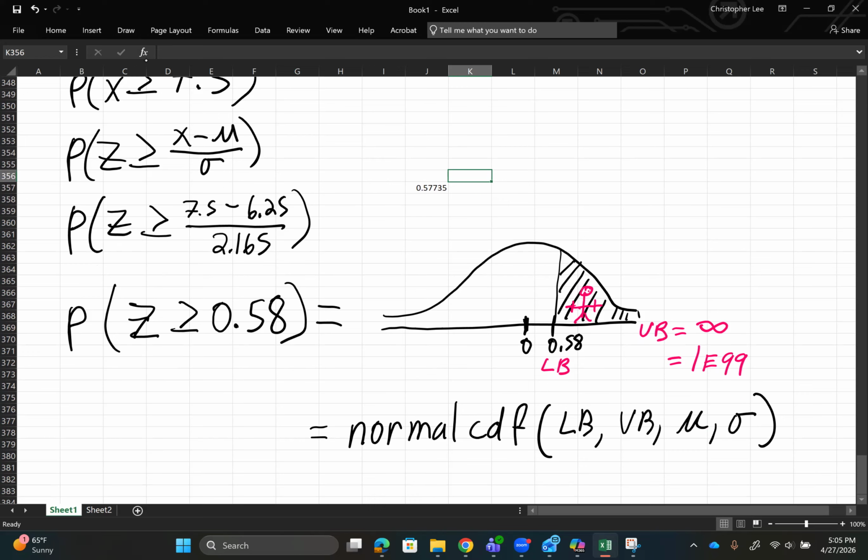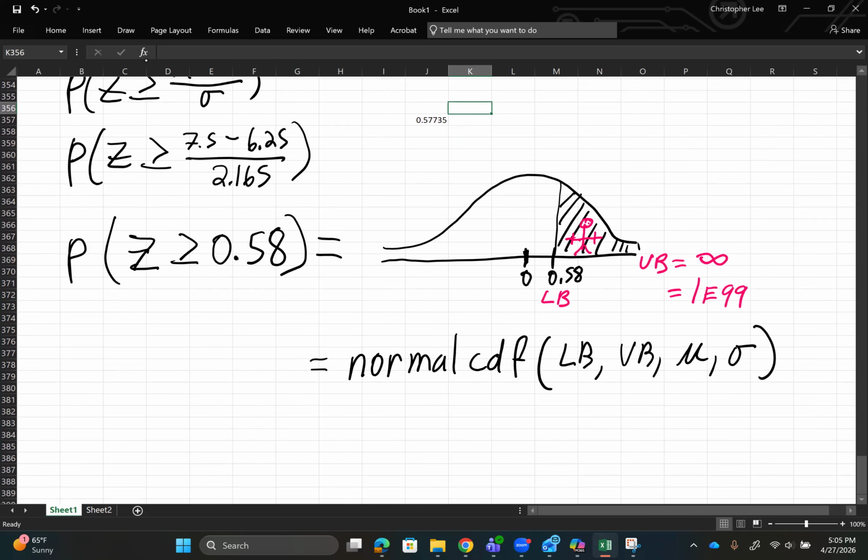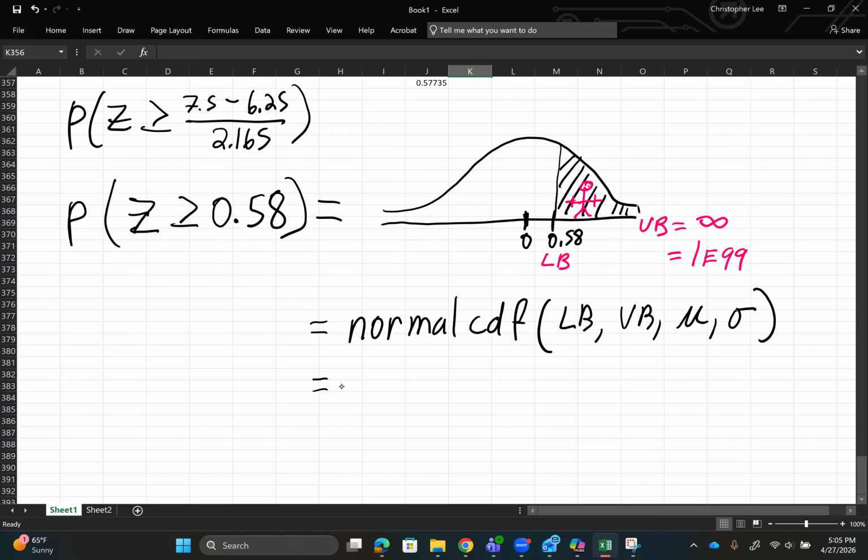For us, that's going to be what? Normal CDF. What's my lower bound? 0.58. What's my upper bound? Infinity. That's going to be 1E99.